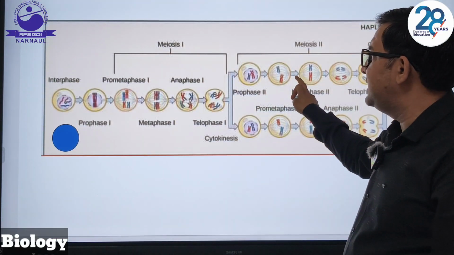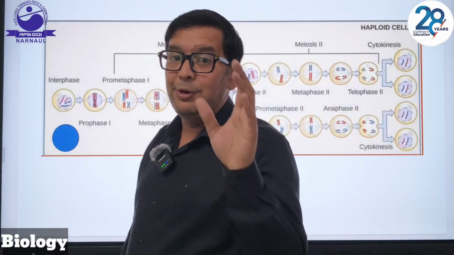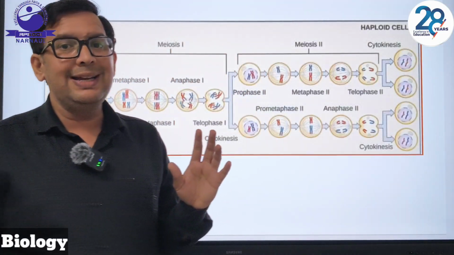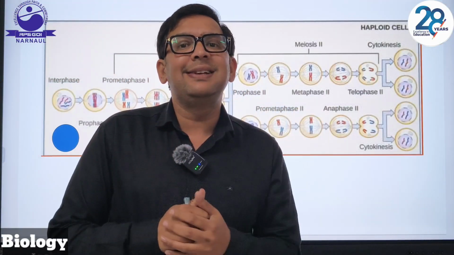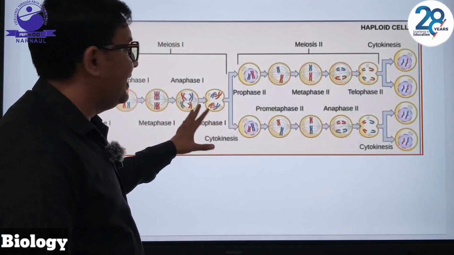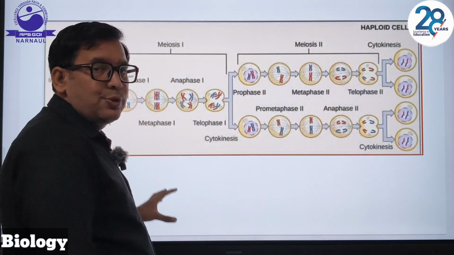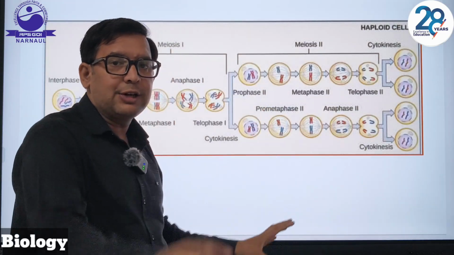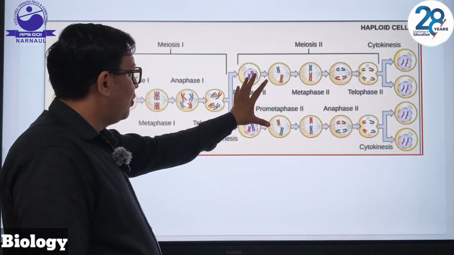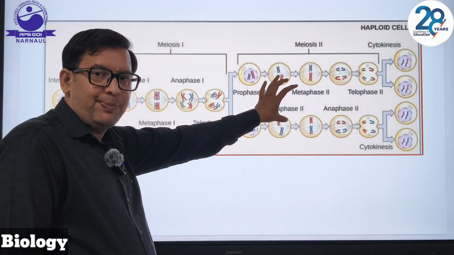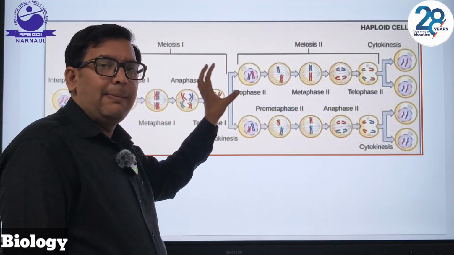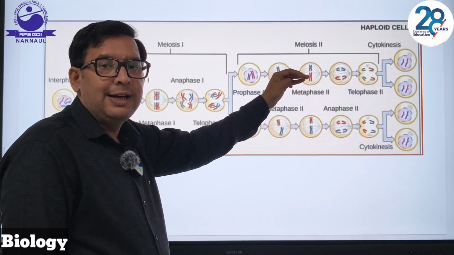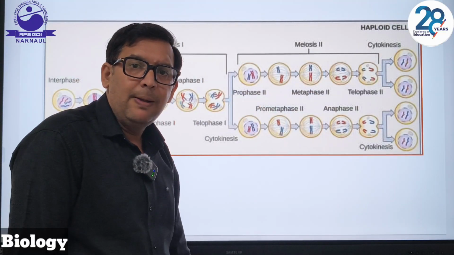Whereas in meiosis, we have meiosis 1 and meiosis 2. One is called reductional division. Why reductional division? In meiosis 1, the chromosome number is reduced to half, but in meiosis 2, the chromosome number remains the same. So this step resembles mitosis.